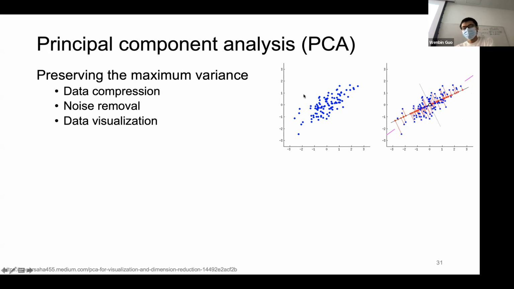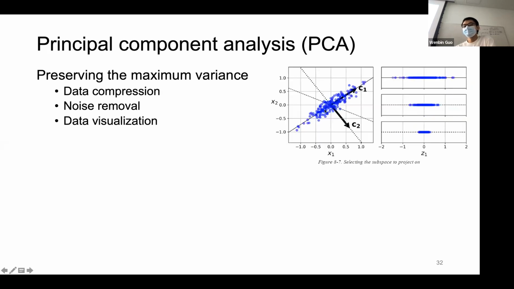Take this example: we have two-dimensional data, and we want to do principal component analysis. We want to find a line that goes across the center. When we project each dot onto the line, we want to maximize the variance of the coordinates on this line.